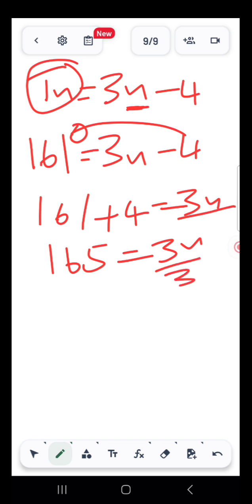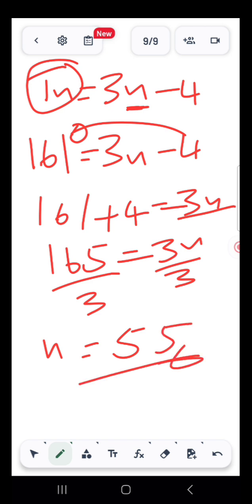We divide here by 3, divide here by 3, and then n will be equal to 55. So when you see the question number patterns, telling you which term, you must know you are looking for n, and our n here is equal to 55.